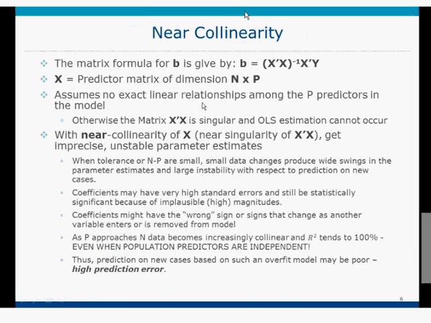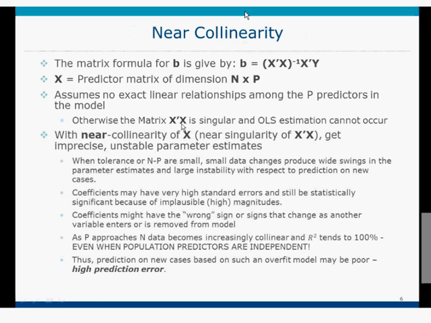Now, if we look at the regression coefficients, B is equal to (X prime X) inverse X prime y, a familiar formula. X has dimension n by p, number of cases by number of predictors. And we assume, this is the least squares assumption, that there are no exact linear relationships among the p predictors in the model.